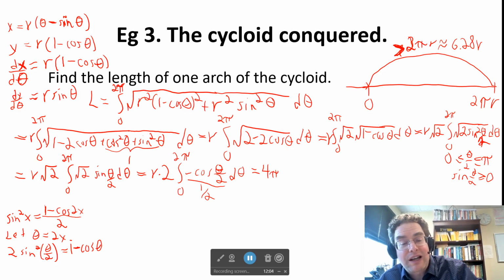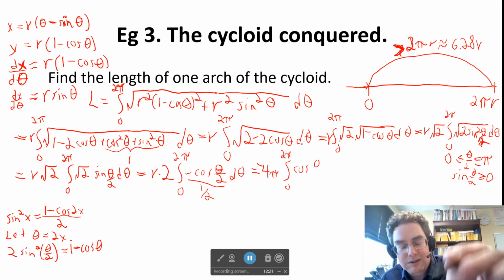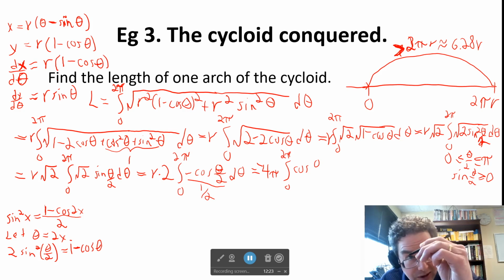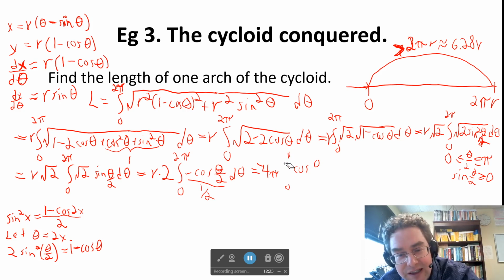Okay, and then what's left? Oh, let's pull out the minus sign as well right away. And then we've just got cosine theta over 2. Oh, this is not an integral anymore because we already anti-differentiated.